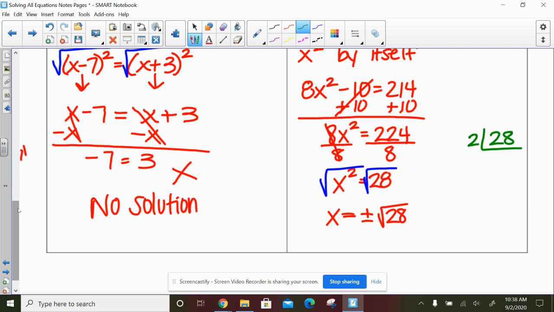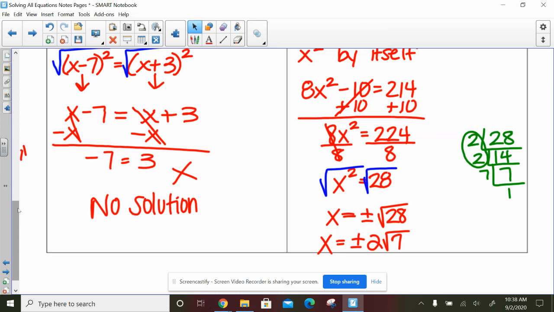I'm going to divide that by 2 and get 14. Divide that by 2 and get 7. Divide that by 7 and get 1. So therefore I have a pair of 2's. So this will simplify to plus or minus 2 square root 7. So the 2's come out, the 7 stays, and that will be your final answer.